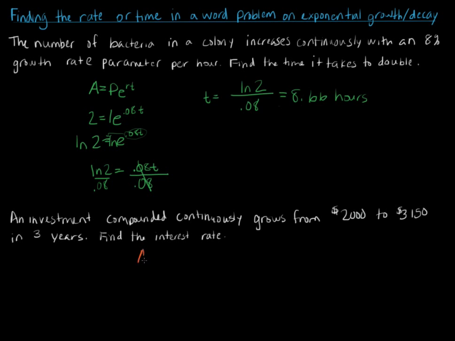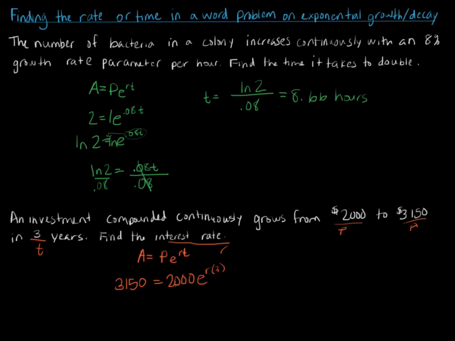So again, we're starting with A equals P times e to the RT, and the amount we have now is $3,150, and the principal or the original amount, this is P, this is A, so that was $2,000, and the time is 3 years, so we have e to the r times 3, and we want to solve for r, find the interest rate. That's what we're solving for.